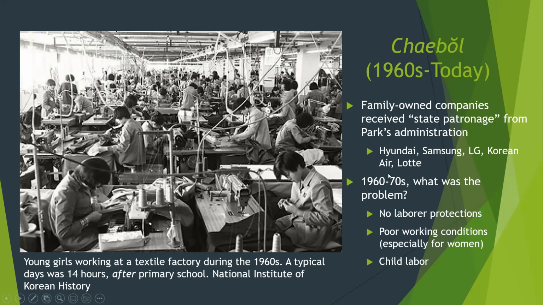And so, as you can imagine, it was particularly women and children who really suffered, and there was especially no protection for these groups. I'm not saying men didn't suffer, but women and children were particularly the people who suffered under these conditions because they had less leeway to get good working conditions from the companies.